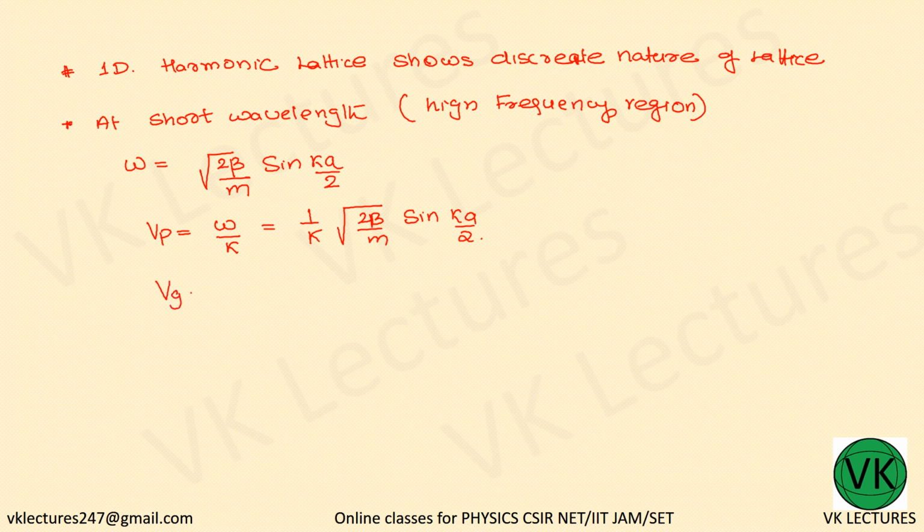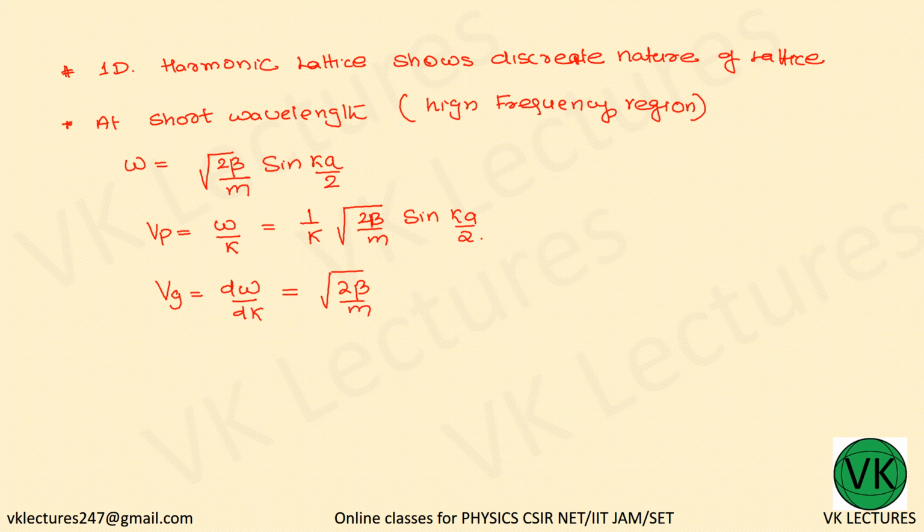Similarly, Vg is equal to d omega by dk, which will be equal to the square root of 2 beta by m.